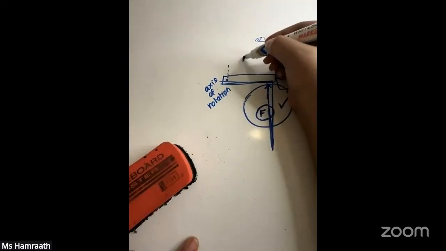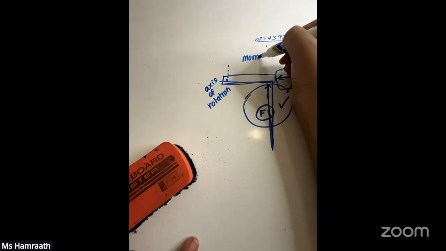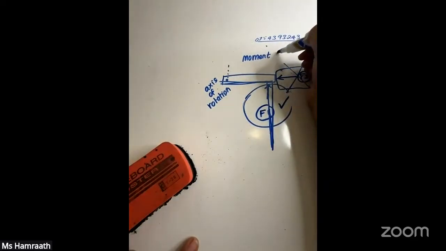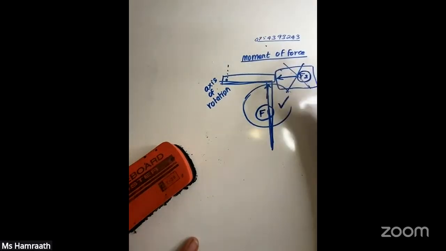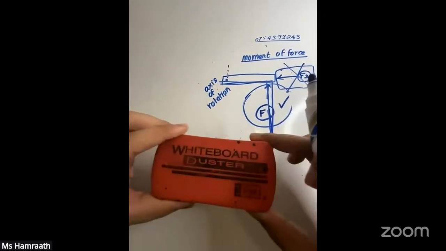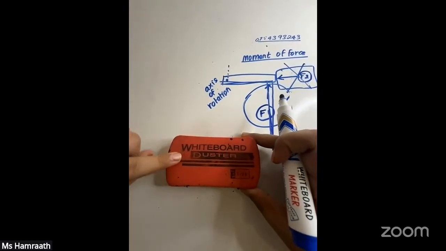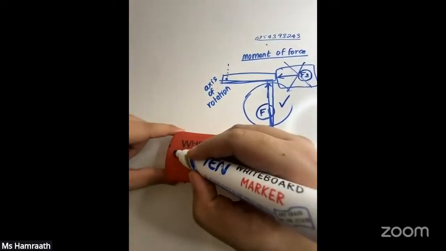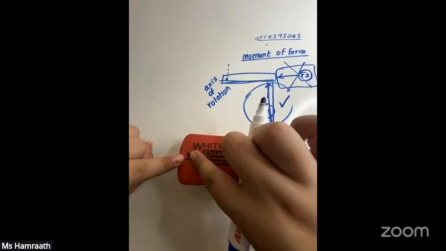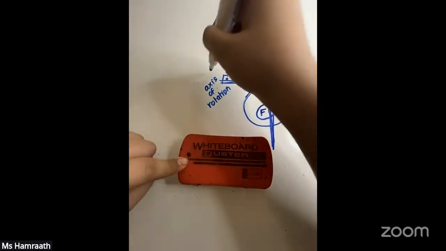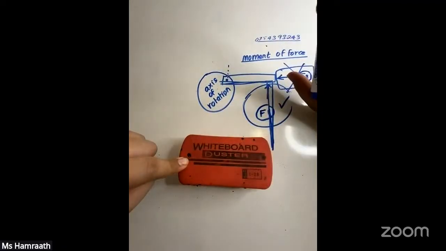So according to the moment of force, what do you need to understand? Let's say I wanted to rotate this object, which is fixed at a point. The point where the object is fixed, we call the axis of rotation.